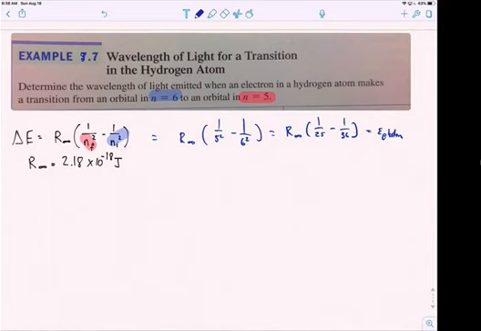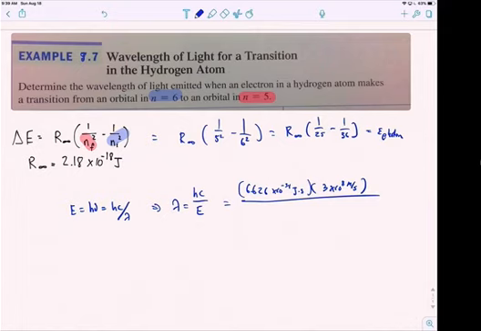And if you remember, the energy of the photon is h nu, which is hc over lambda, which means the wavelength is hc over E. So our wavelength is h, 6.626 times 10 to the minus 34 joule seconds, times c, 3 times 10 to the 8 meters per second, all over the energy, 2.18 times 10 to the minus 18, times 1 over 25 minus 1 over 36.